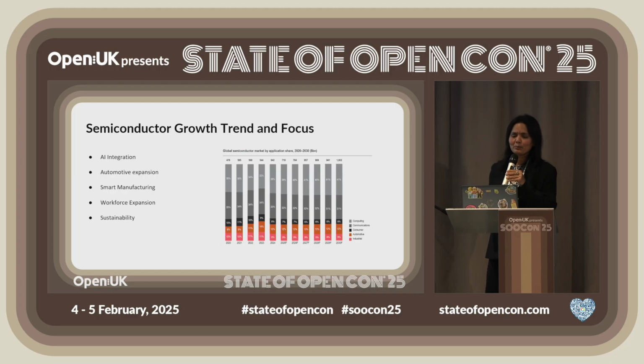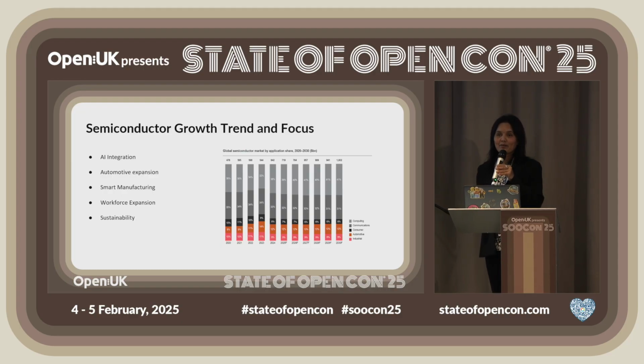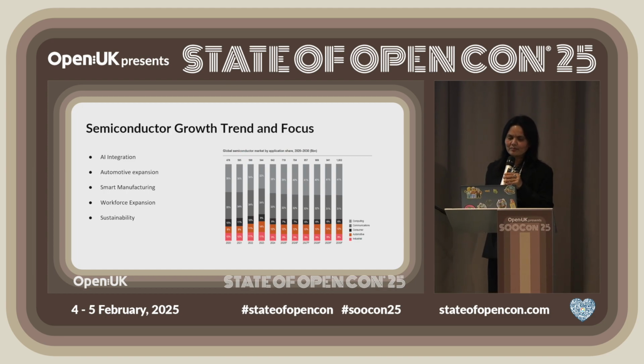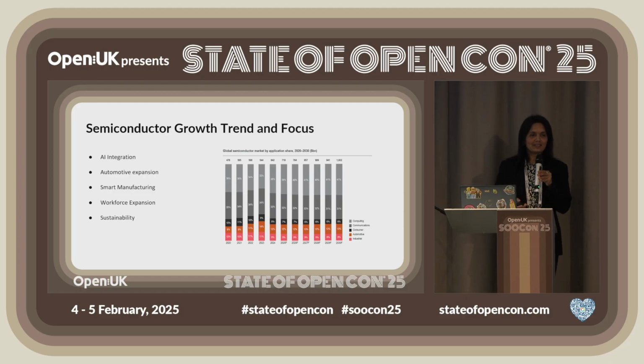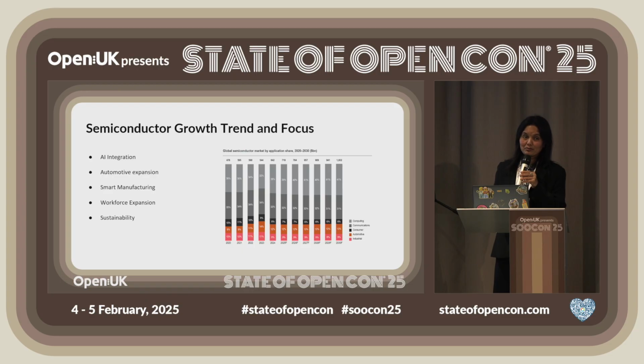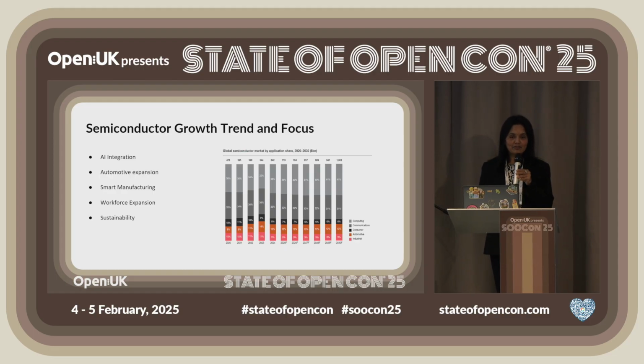Of course, there is automotive expansion in terms of electric vehicles, where safety is going to be critical. How do we handle the safety part of it? How do we adhere to our safety standards and compliance? What else are we focusing on for this kind of growth? Smart manufacturing, of course. We don't want errors. Yields should be better, and your dollars should be saved.